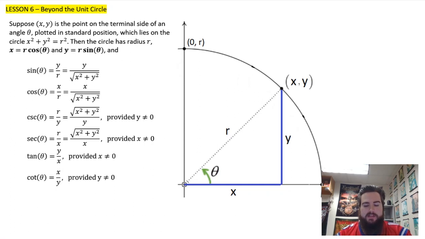The reason for this is if you look at this circle here, we would be able to establish that sine of theta is equal to y over r, the opposite over the hypotenuse.